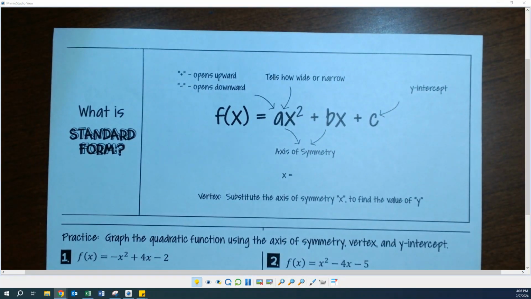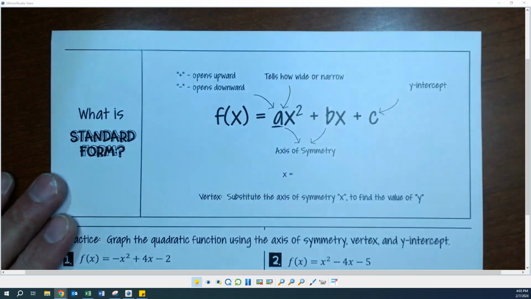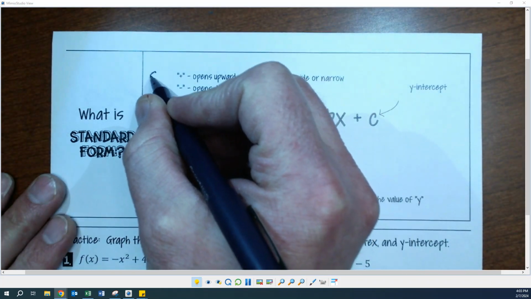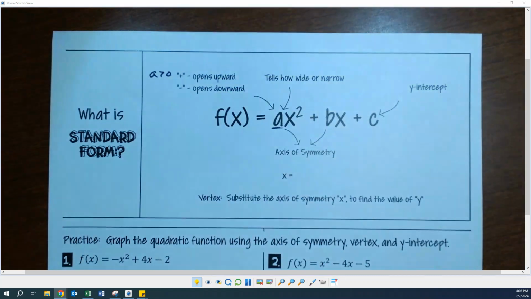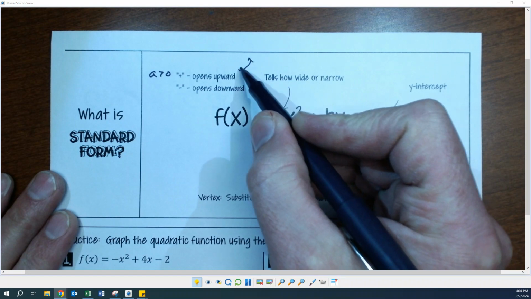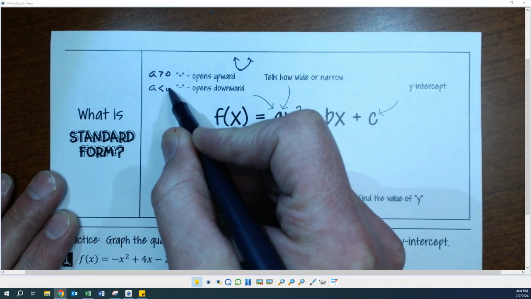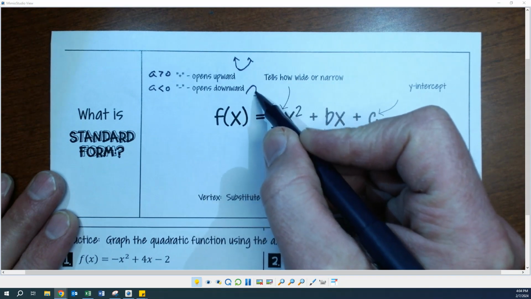So the first thing we want to identify with standard form is this a value. When a is positive, or when a is greater than 0, your parabola is going to open up. When your a value is less than 0, your parabola is going to open down.